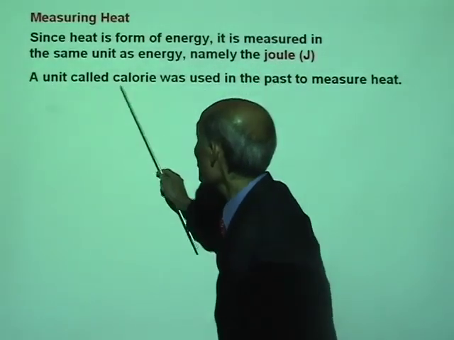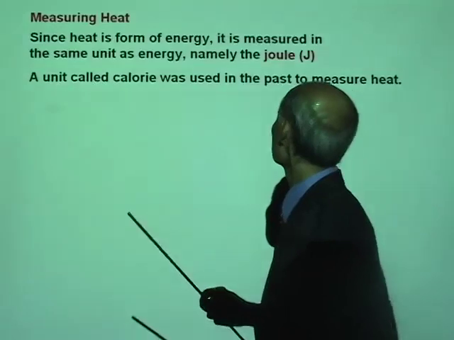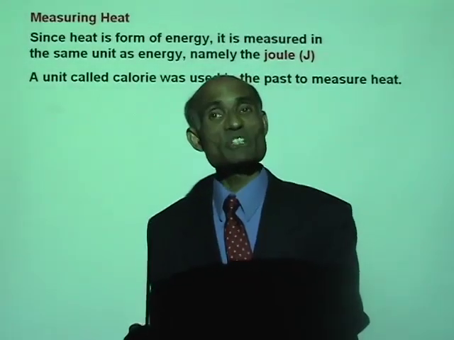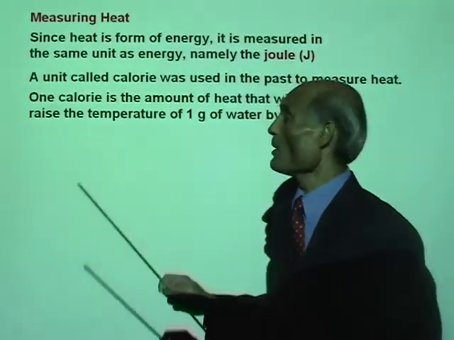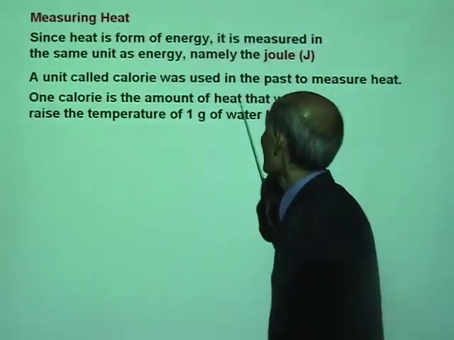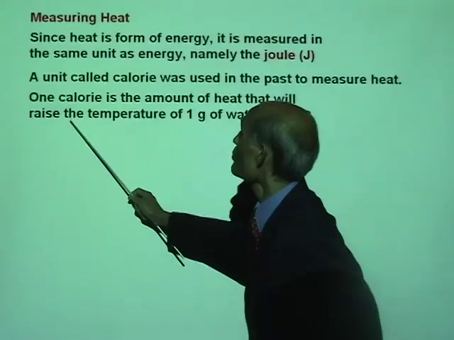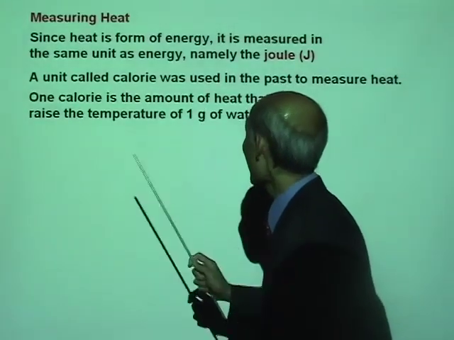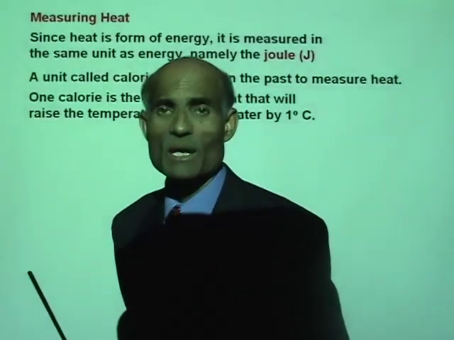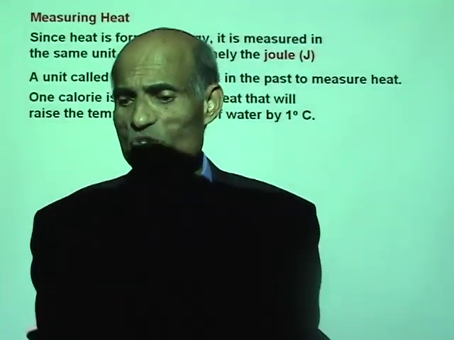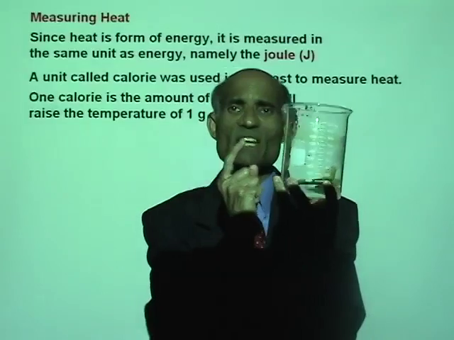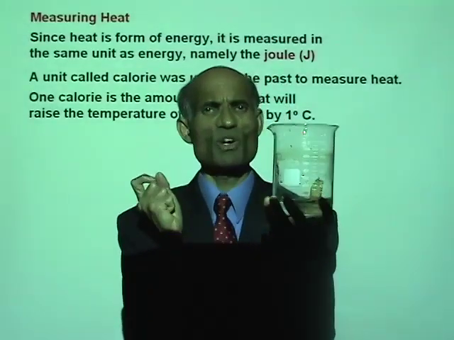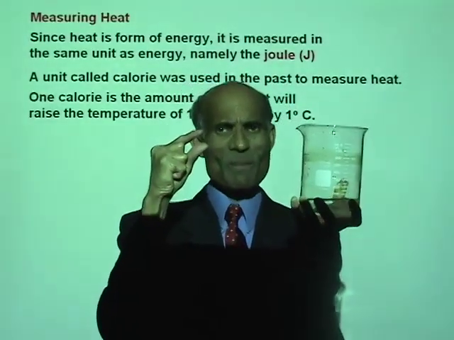Now, a unit called calorie was used in the past to measure heat. I'm sure some of you have heard about a calorie. 1 calorie is the amount of heat that will raise the temperature of 1 gram of water by 1 degree Celsius. So if I have some water here, if I take 1 gram of water, you know 1 gram of water is a very small amount.